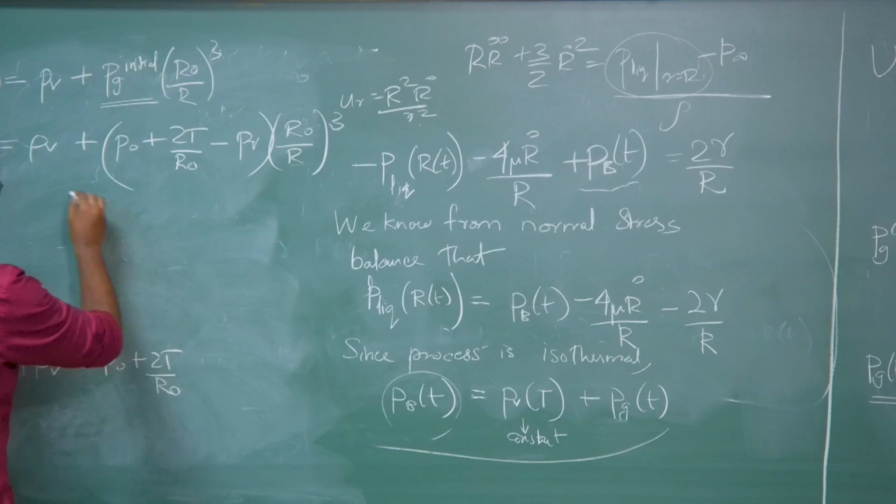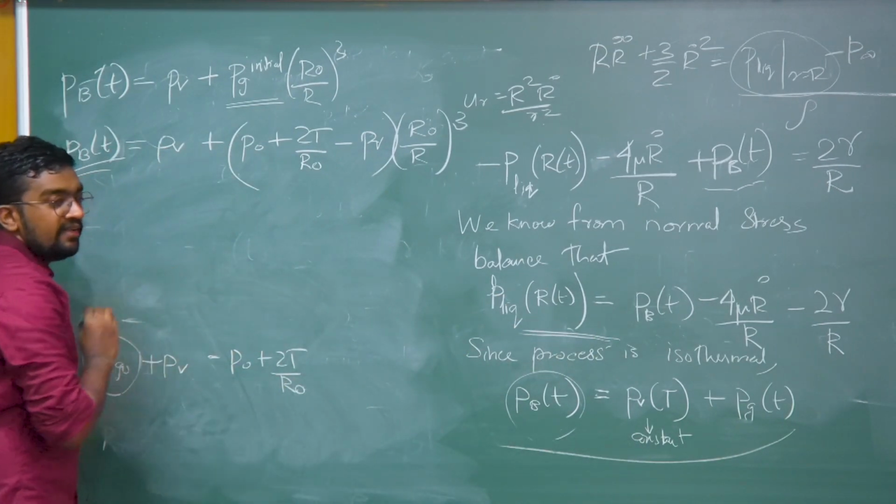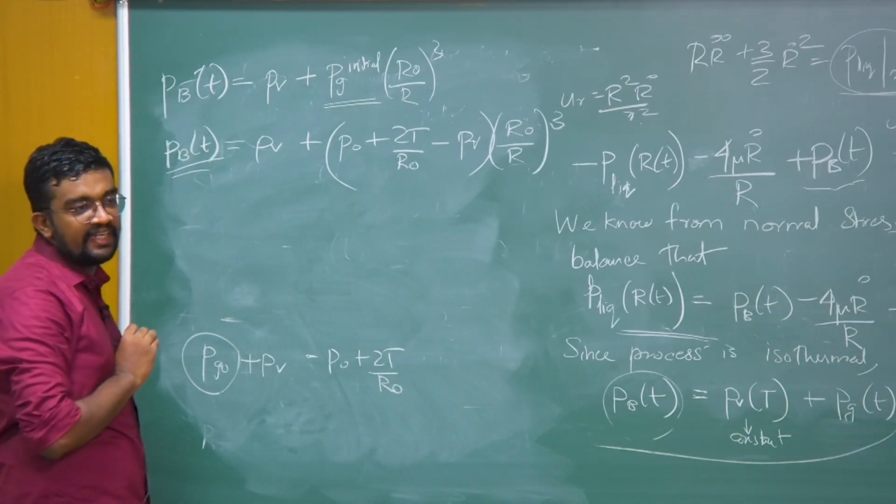So, if you substitute this Pb of T here in the normal stress balance, you will get the expression for pressure of the liquid just outside the interface at any given time.